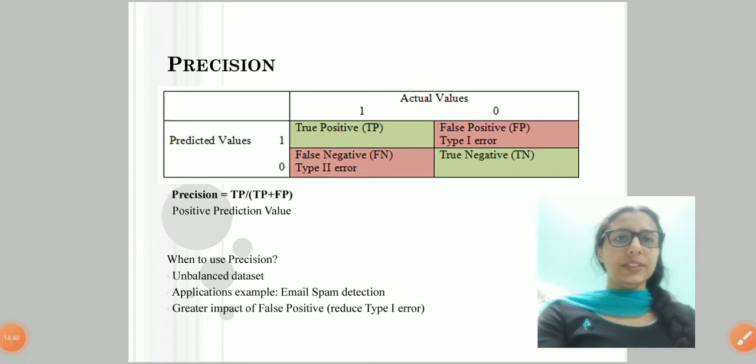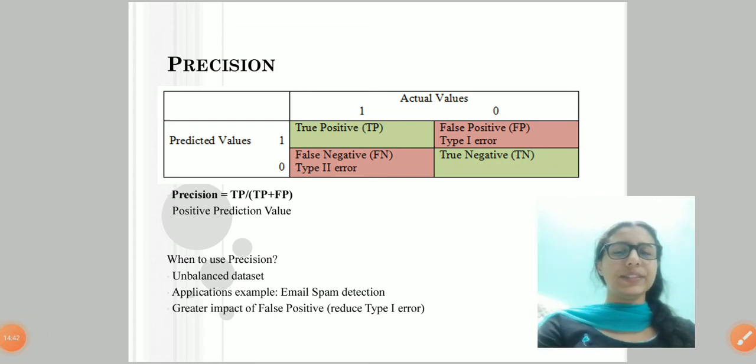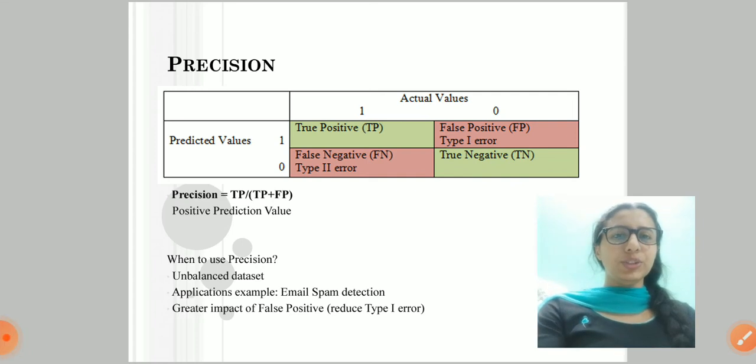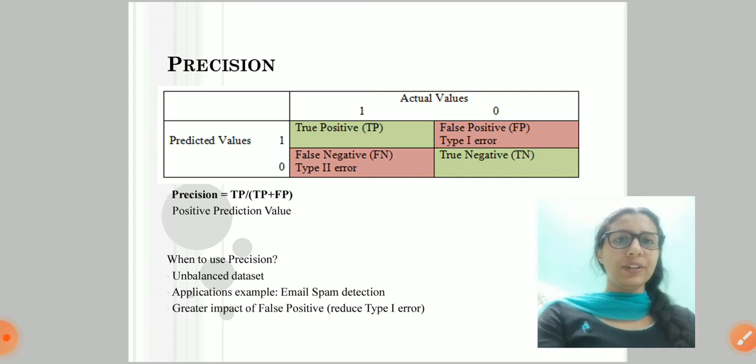Next is the precision. Precision can be defined as the ratio of true positive and the summation of true positive and false positive, which is also known as the positive predictive value. Here the intuition is to reduce the type 1 error, and if the type 1 error is less, then the precision value will be high.